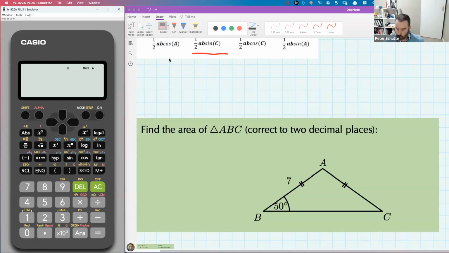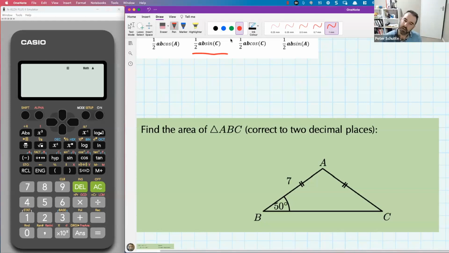Use all your knowledge from today to see how you can bring this all together. Maybe somebody can give us a tip in the chat. Where would you start this question? Where's a good place to start?